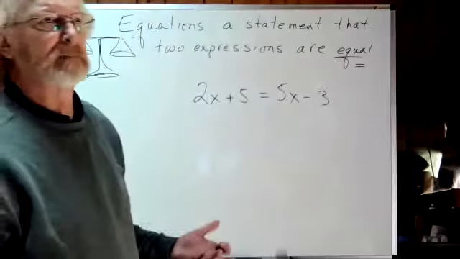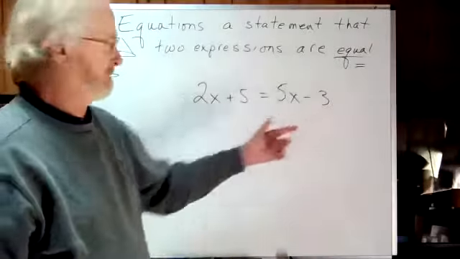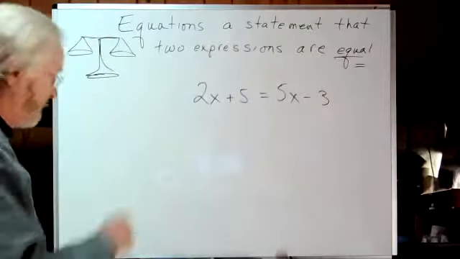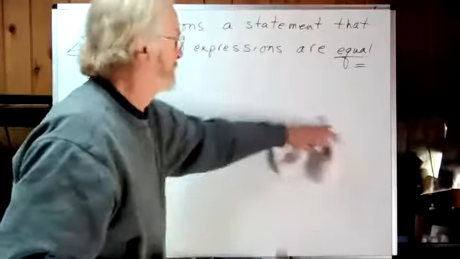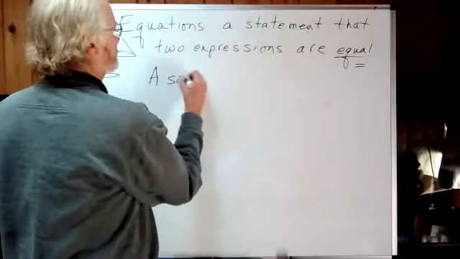Now, what's that number then? If we've got this relationship that this amount is supposed to equal that amount, well, what's the number that makes it true? That's a little more complicated than we'll start with. But a solution, we're looking for solutions.